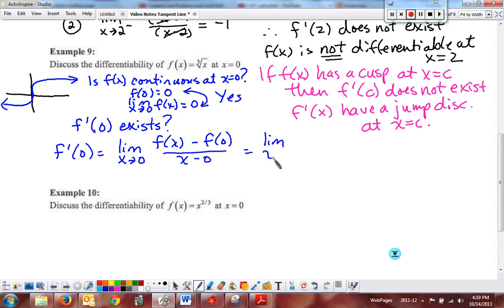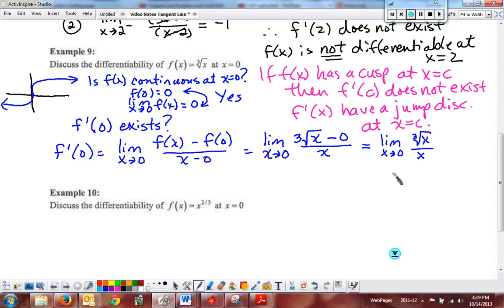We're going to do the limit as x approaches 0 of the cube root of x minus 0 over basically x. Now, when we take a look at this, the idea is, how do I do this limit? I'm doing the limit as x approaches 0 of the cube root of x over x.